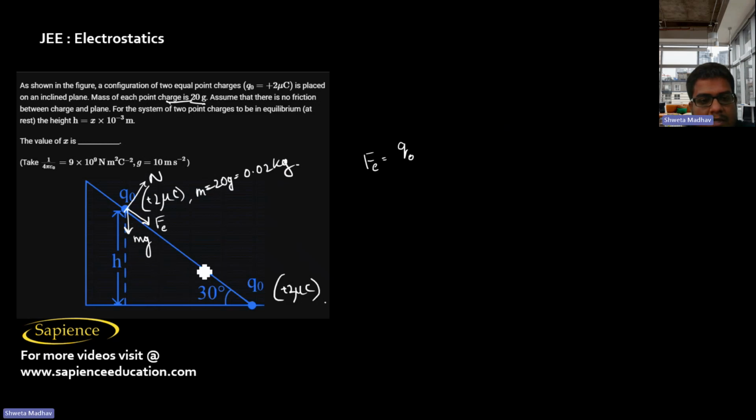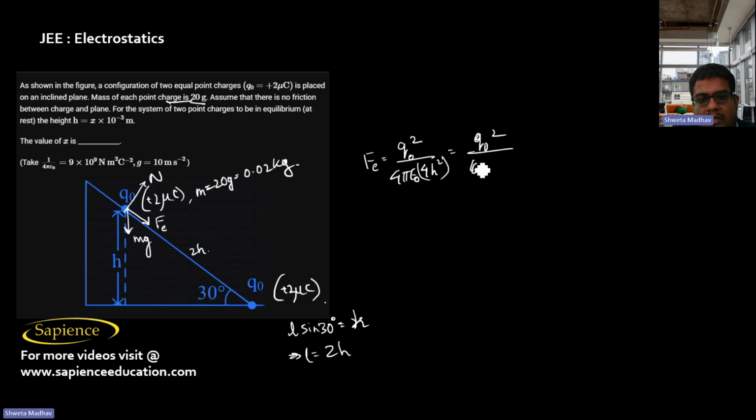If I take this length as L, L sine 30 is equal to H, so L is equal to 2H, since sine 30 is half. So this length is 2H, so it will be Q naught squared by 4 pi epsilon naught into 4H squared, that is Q naught squared by 16 pi epsilon naught H squared.